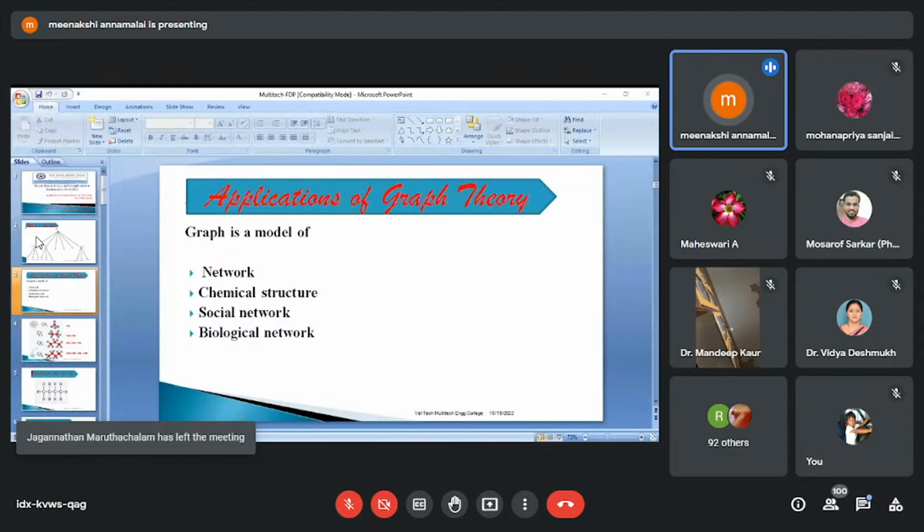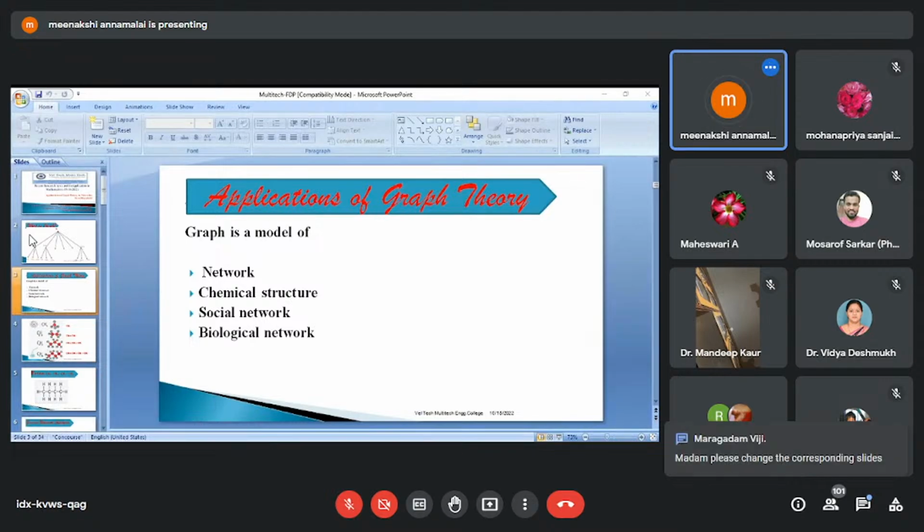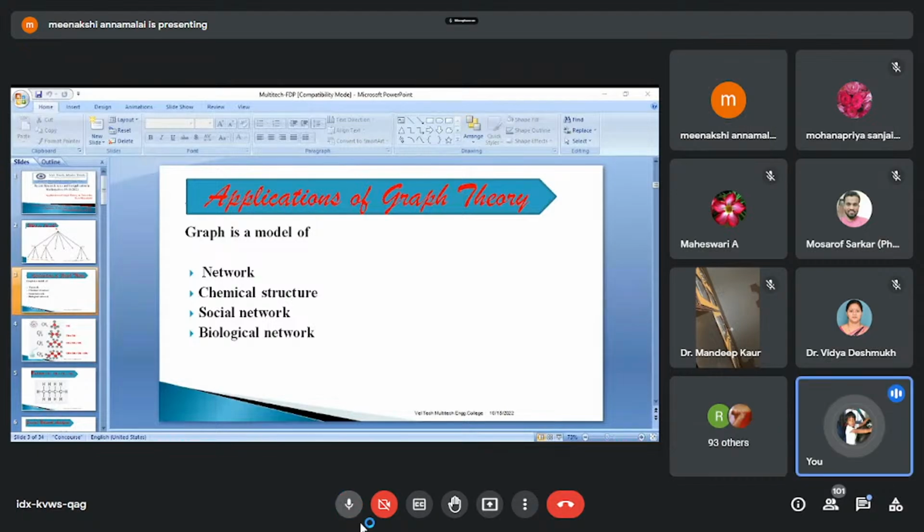Topological indices are also used to develop QSAR, that is, quantitative structure.